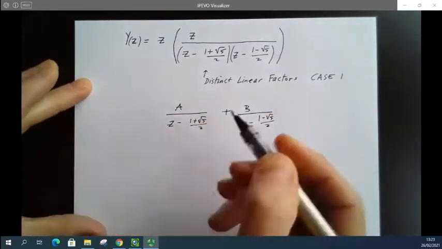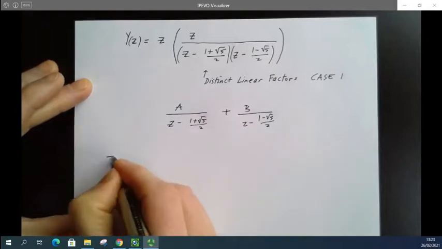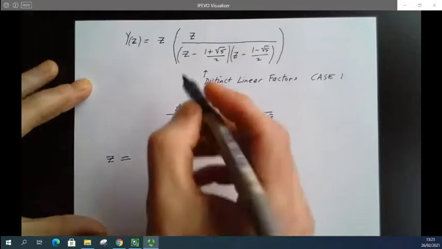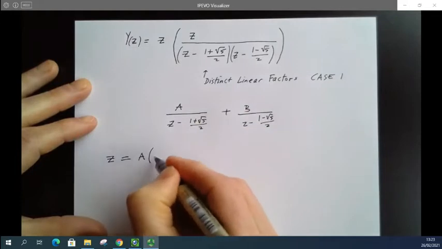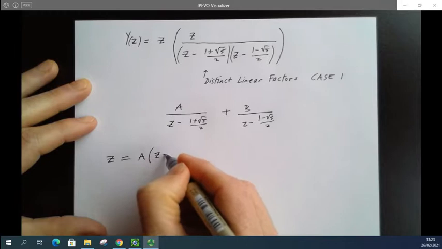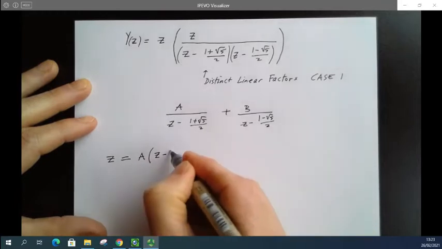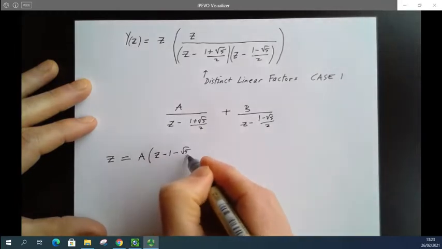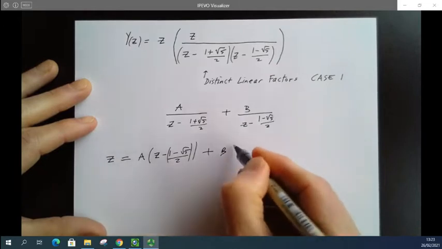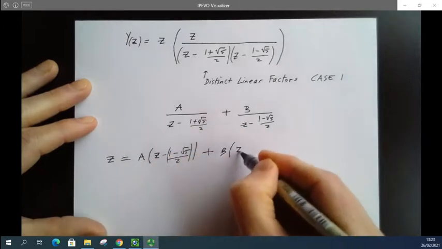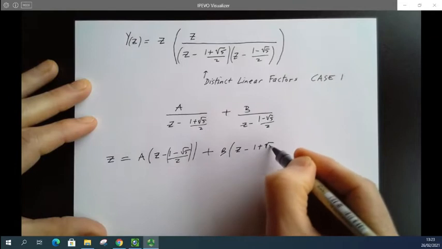And our whole result then is going to be z, which is the numerator, will be a times this fellow on the bottom. I'll put a little bracket around it. Plus b times this fella here, 1 plus root 5 over 2.